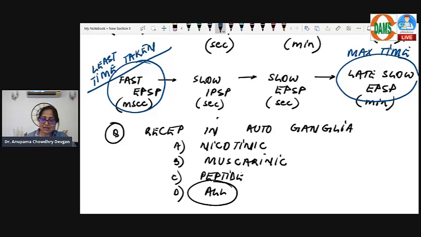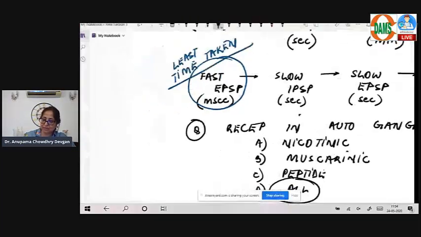Least time taken is fast EPSP, which takes a millisecond, and late slow EPSP takes minutes. Least is fast EPSP, then slightly more is slow IPSP, then more is slow EPSP, and the most time is taken by late slow EPSP.